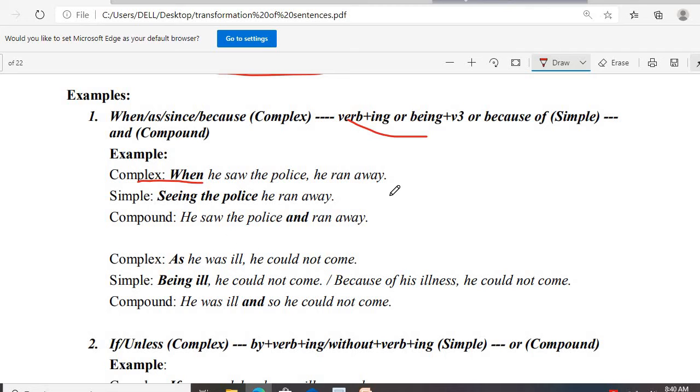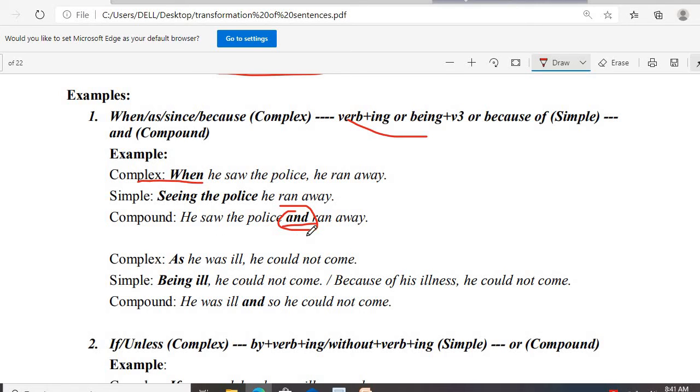And when you make the complex sentence into a compound sentence, then you will use and for when, as, since, because. If you have when, as, since, because in a complex sentence, in a compound sentence you will use and for all these subordinating conjunctions.